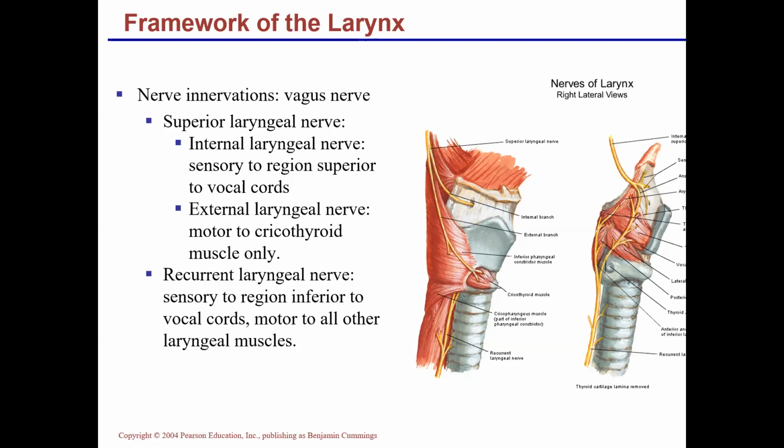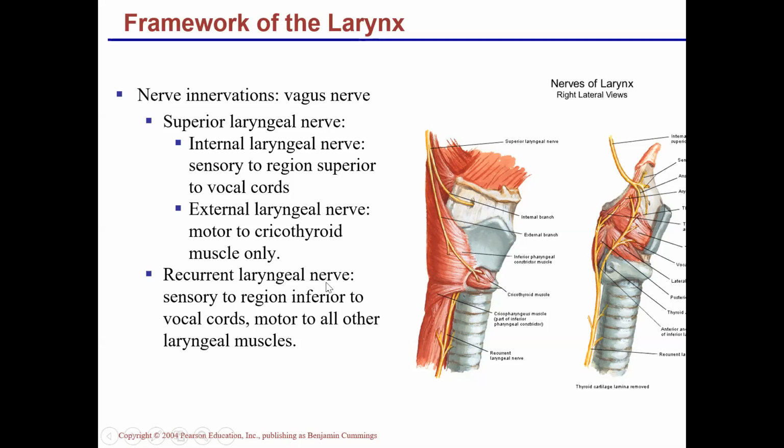Okay, all right, and then there's another branch from the vagus nerve. I think my next slide is better for this one. This one is called the recurrent laryngeal nerve.